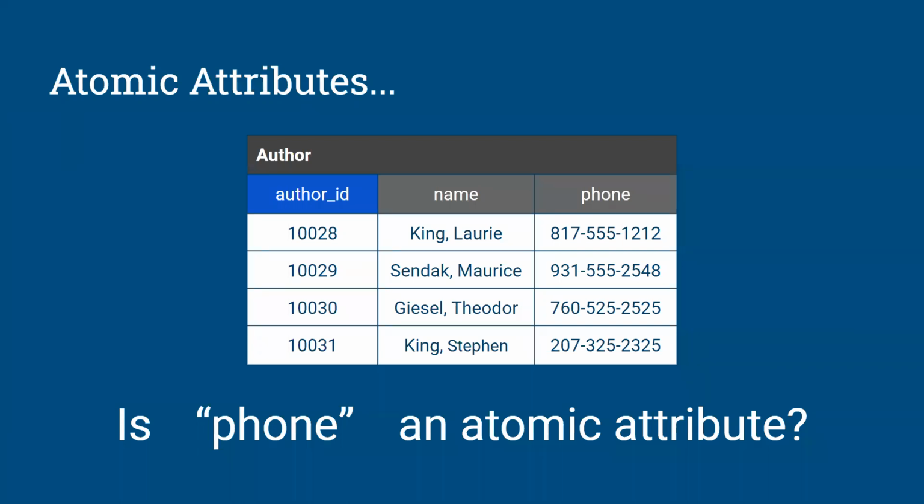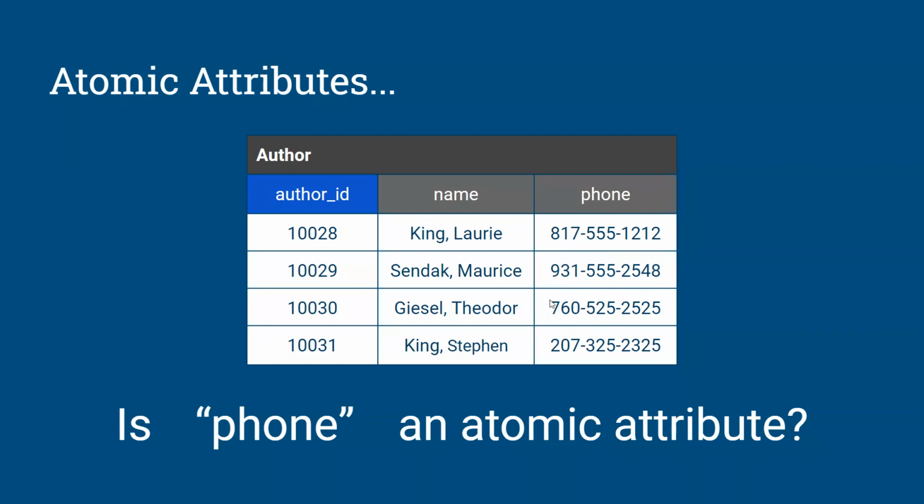Okay, so for most business domains, we're going to treat phone as an atomic attribute. Now, on occasion, would you say, you know what, I'm interested in calling people with a certain area code? It used to be that the area code told you what part of the country the phone was in. Is that true anymore? No. So it even becomes less valuable to us as an identifier. You might say, I'm interested in calling people in the San Diego area.